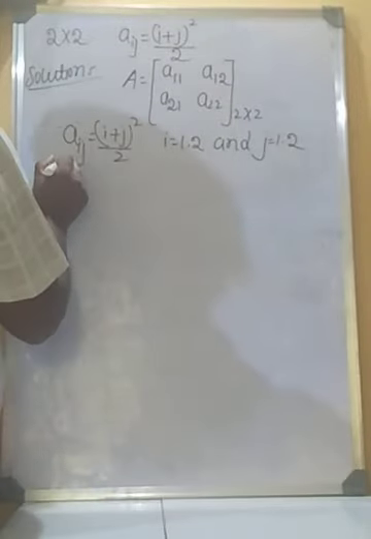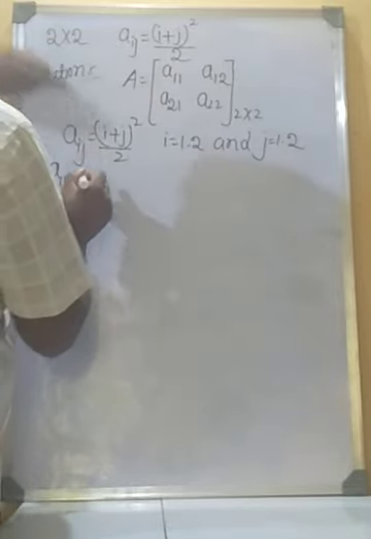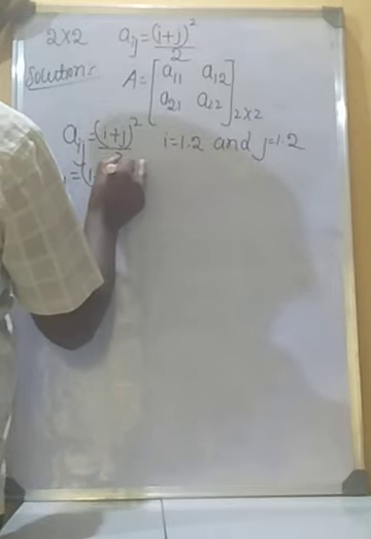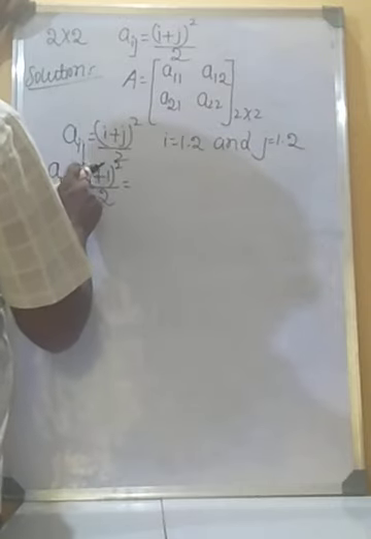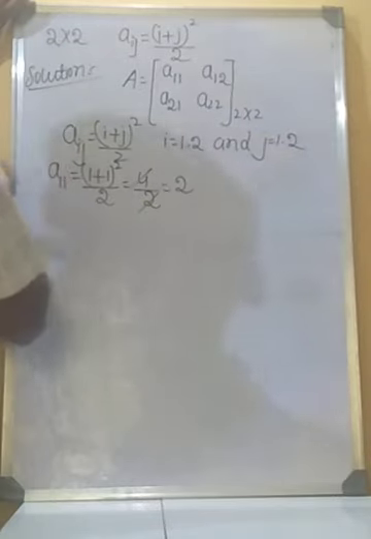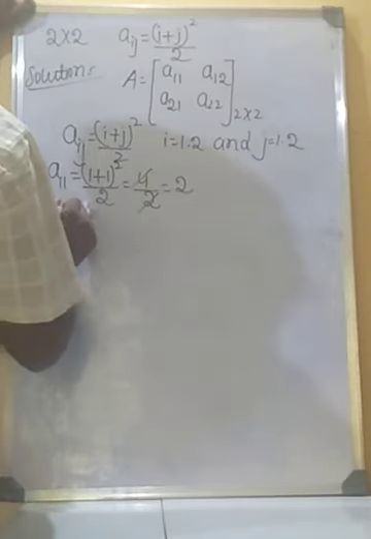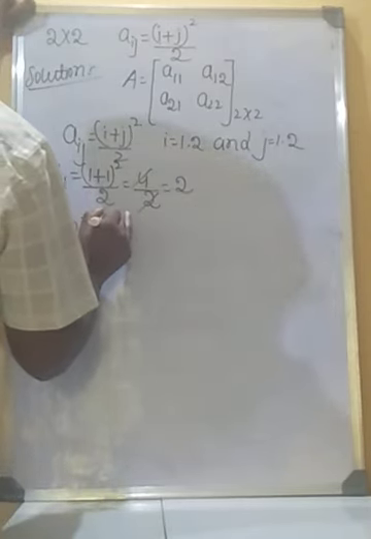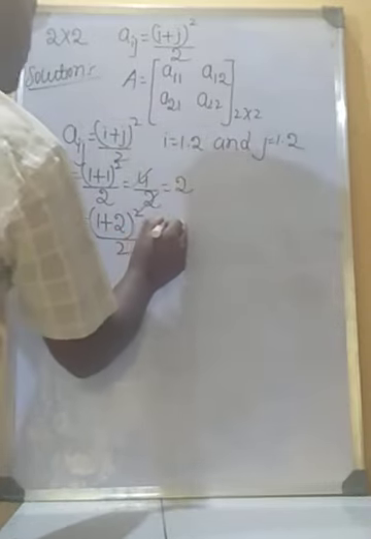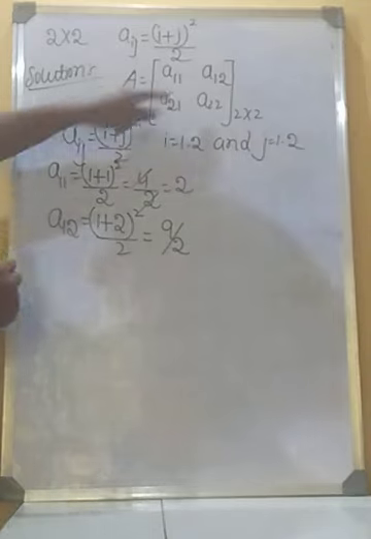First find A11. i is 1, j is 1, so (1 plus 1) whole square by 2. 1 plus 1 is 2, 2 squared becomes 4, 4 by 2 is 2. Therefore A11 becomes 2. The second element A12: i is 1, j is 2, (1 plus 2) is 3, whole square is 9, by 2. Second element is 9 by 2.